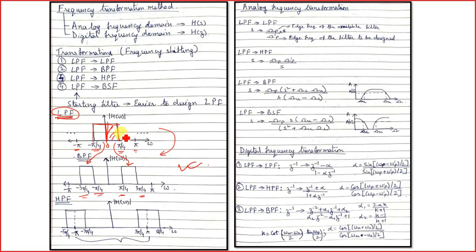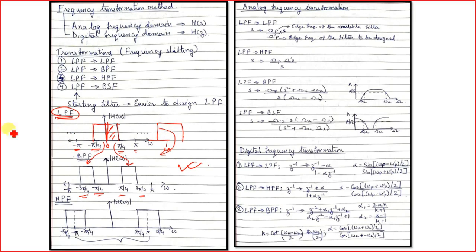So when it repeats itself, that means in the low pass filter we are having frequency components again. After pi, if you go, you will find pi, then 2 pi, and around the 2 pi region you will be having this response which is getting repeated.